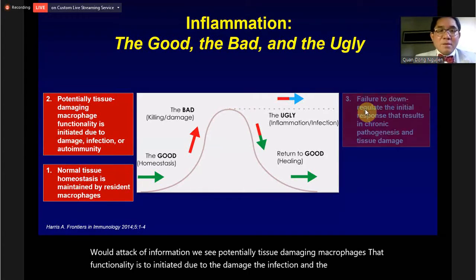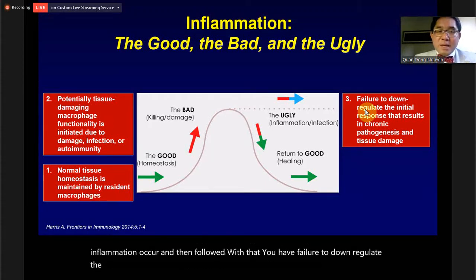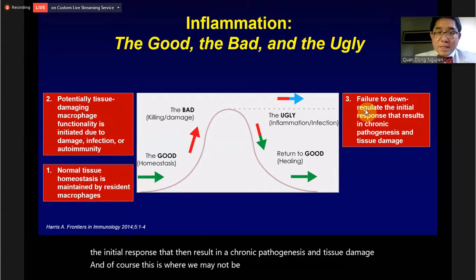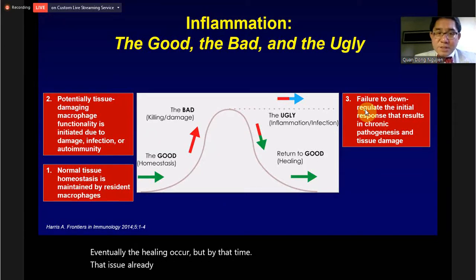That's when inflammation occurs. Then you have failure to downregulate the initial response, which results in chronic pathogenesis and tissue damage. And of course, this is where we may not be able to reverse the process. Eventually, the healing occurs, but by that time, a lot of the tissue has already been damaged, leading to functional disability.